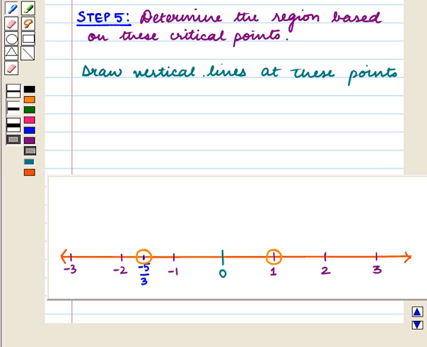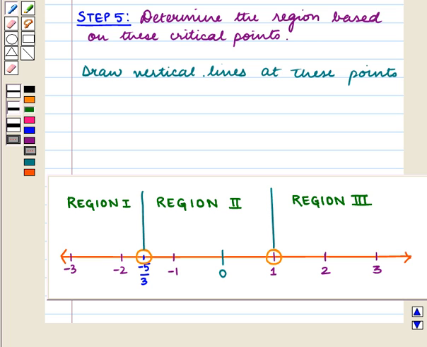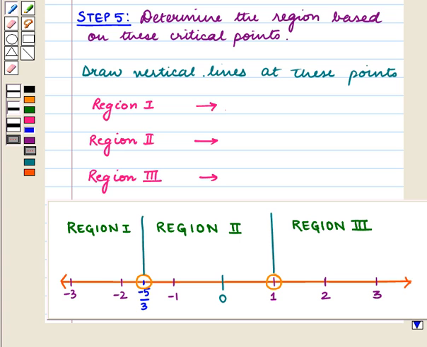Now our next step is to determine the region based on these critical points. To determine the region, we draw vertical lines on these points. Now we see that the number line is divided into three regions. Region 1 with values less than minus 5 by 3, that is open interval minus infinity, minus 5 by 3.